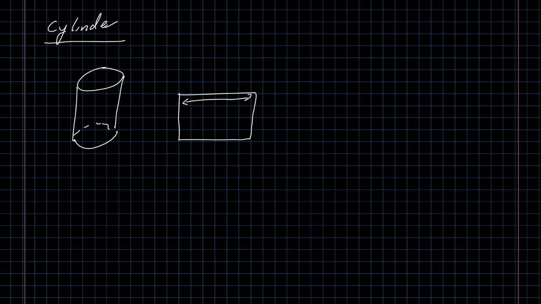And we know that the circumference of a circle is 2 times pi times the radius. This dimension will be the height of the cylinder. And then you will have a perfect circle if you have a closed cylinder at the top and bottom.